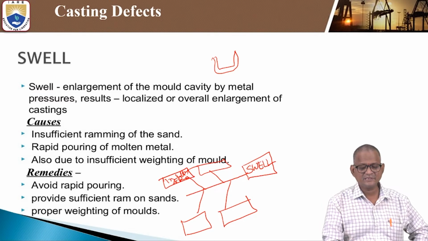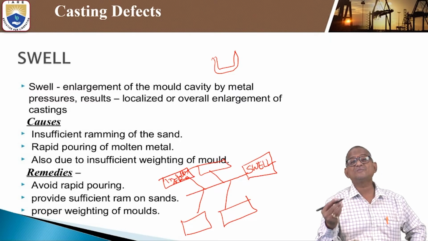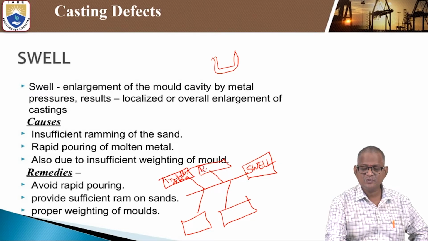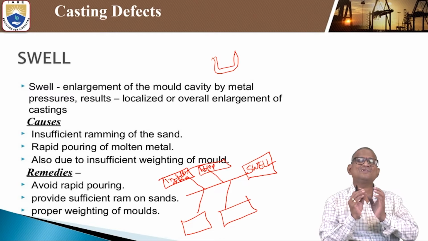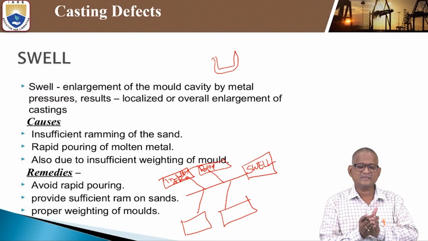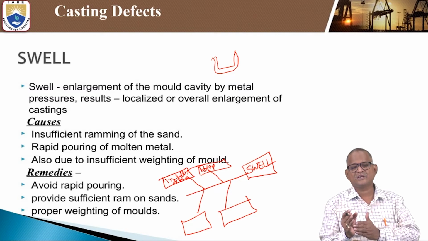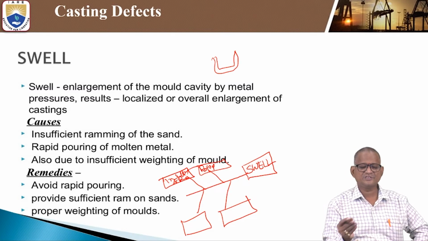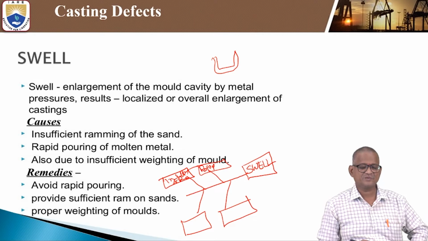Another important cause is rapid pouring of the molten metal. The pouring time is very, very important. If you do not pour in the allotted time, if it is rapid pouring or slow pouring, the swell defect may be obtained.